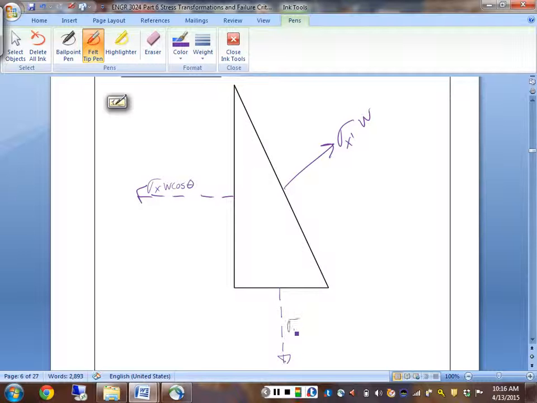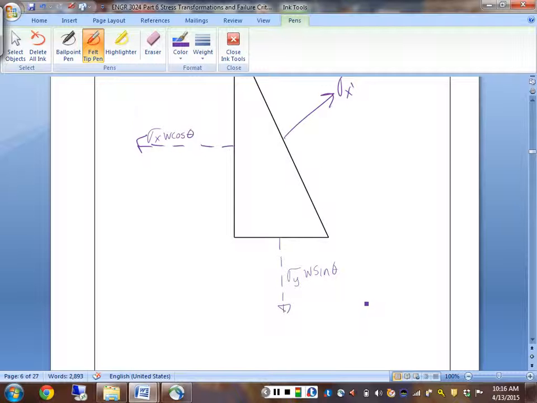And this guy is sigma y W sine theta. But what we need is to resolve this guy into an x prime and a y prime component, and we need to resolve that guy into a y prime and an x prime component. And that's our theta, and that's our theta.